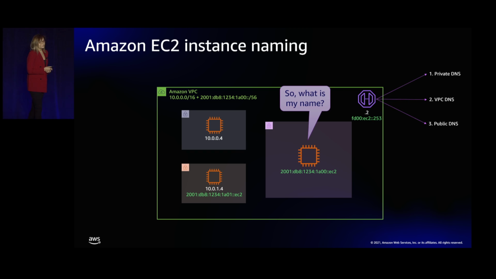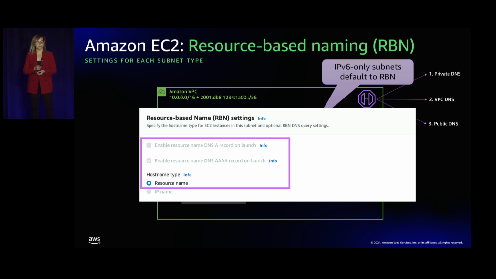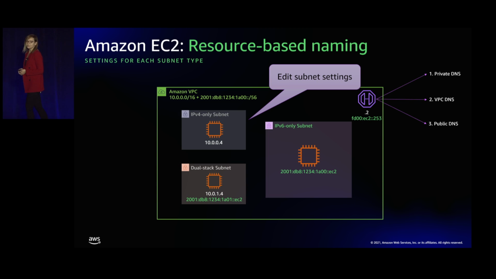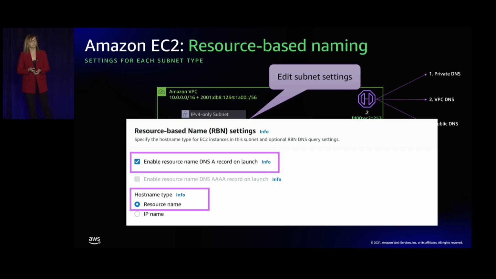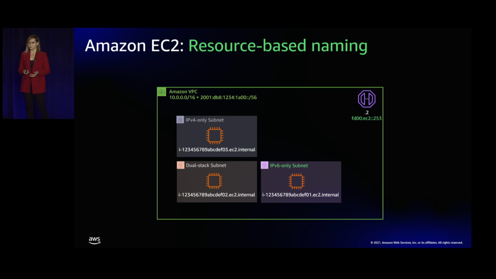Now, our IPv6-only instance has to have an instance name, right? Has to have a DNS name in the VPC. What is that? Well, resource-based naming is the way in which IPv6-only instances are named in the VPC, and it is a subnet level setting that is by default enabled for IPv6-only subnets and can also be enabled for IPv4 subnets and dual stack subnets for consistency in our environment.